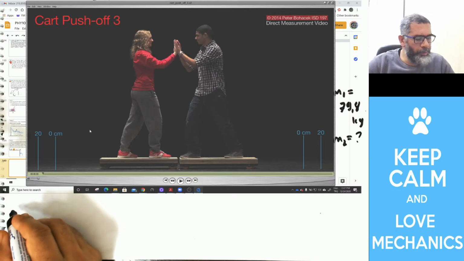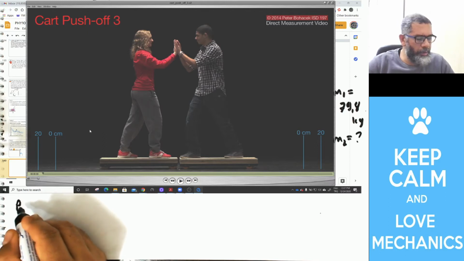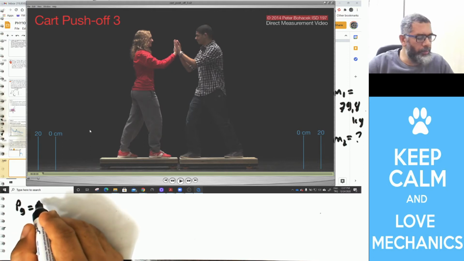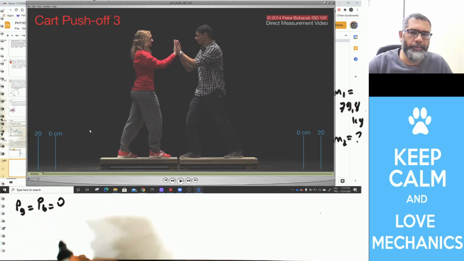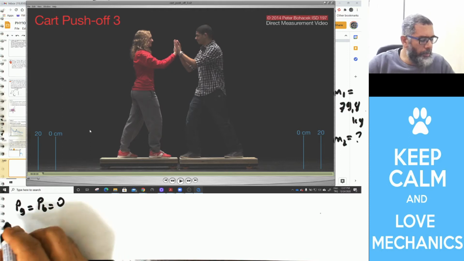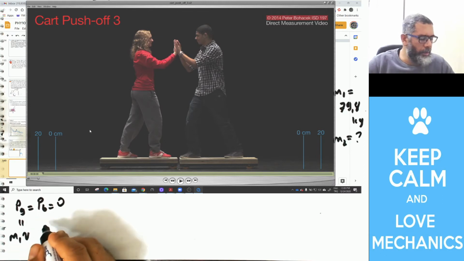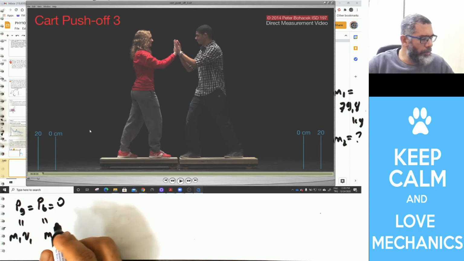And let's put over here the girl's momentum and the boy's momentum is 0. Okay, and I take the girl's momentum to be the mass m1 multiplied by v1, and the boy's momentum as the mass of the boy together with his cart multiplied by the velocity, or speed, of the boy, v2.